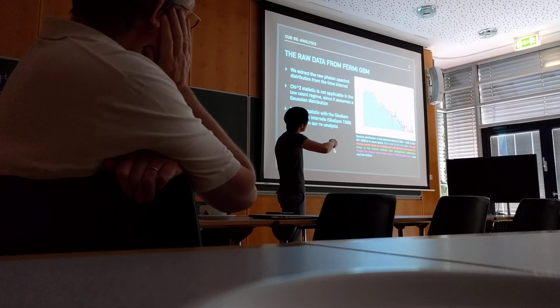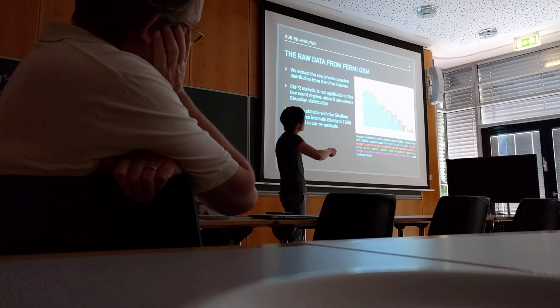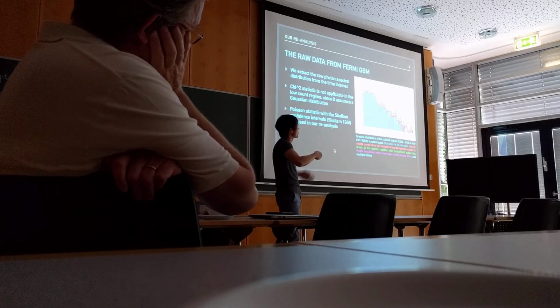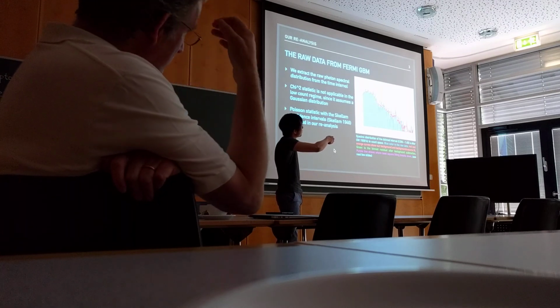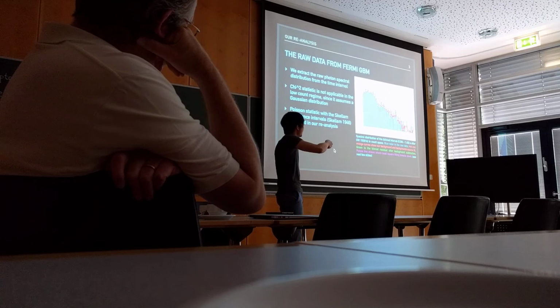And to further show the insignificance of this excess, we plot in green histograms the residual of the source, which is the source plus background subtracted by the background. And we bin it up because it is too small.